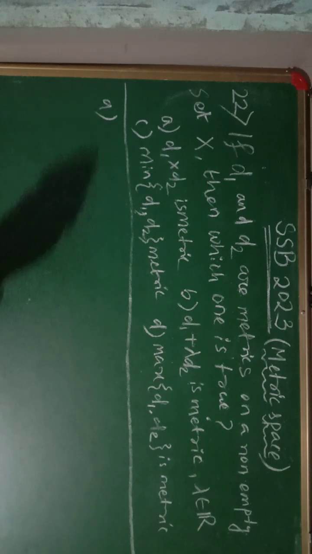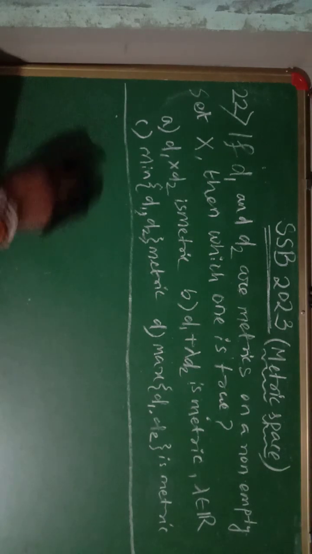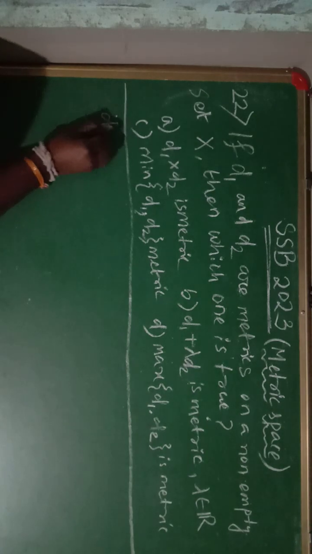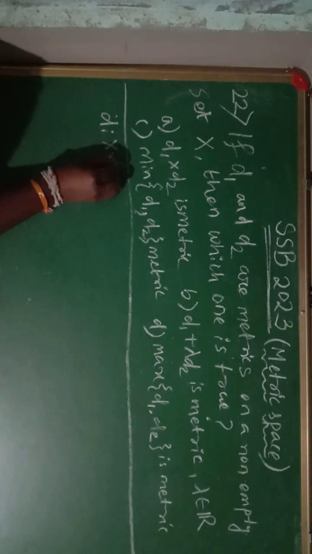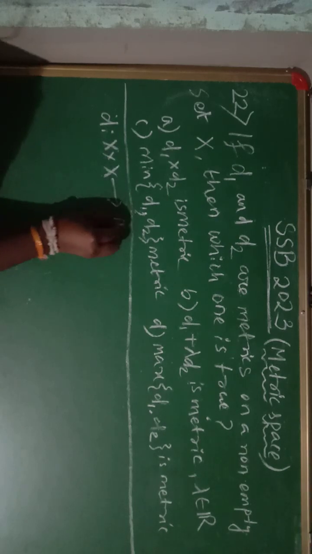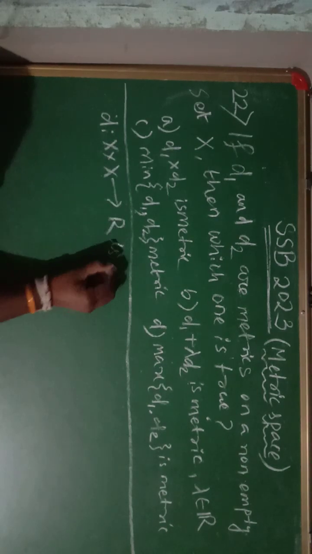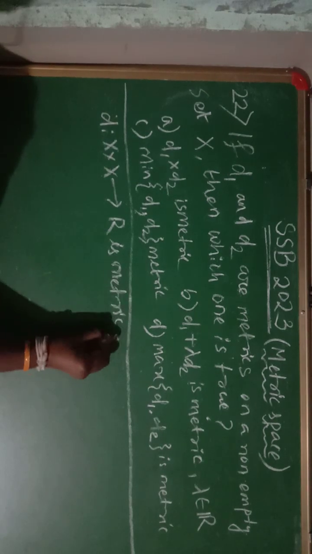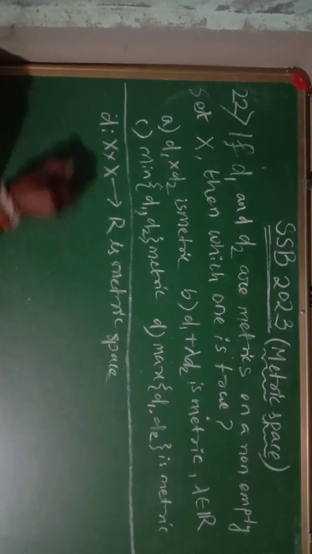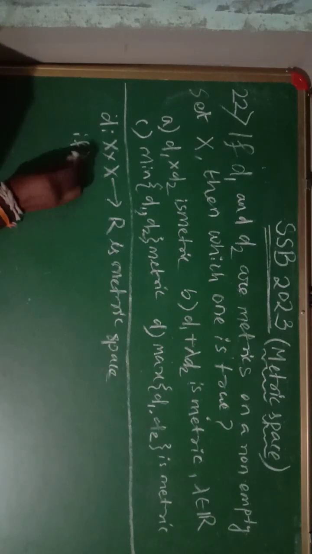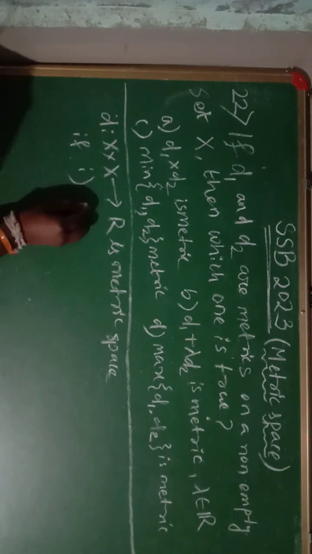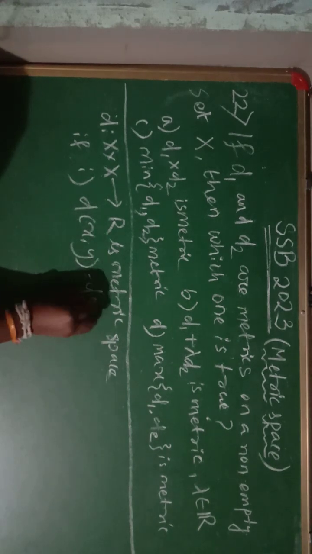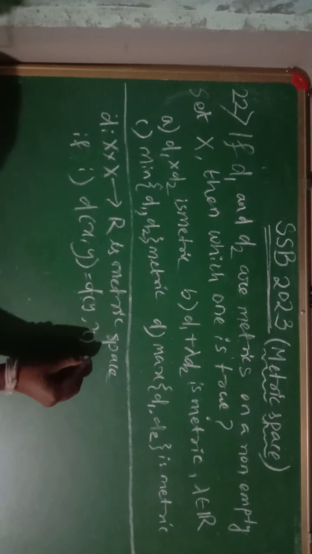We know, what is the definition of a metric? D is a mapping from X cross X to R, said to be a metric space if it satisfies three properties. Number one, D of X comma Y is equal to D of Y comma X. This is the symmetric property.